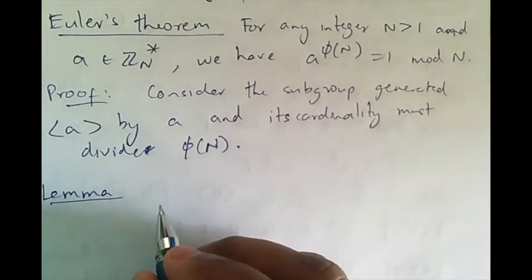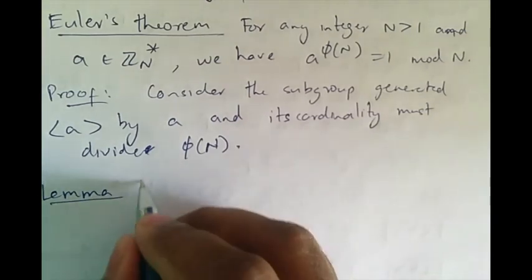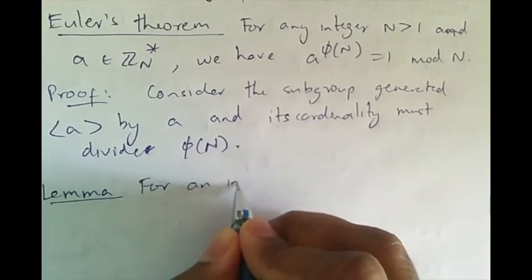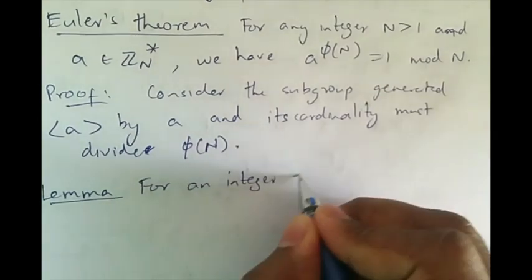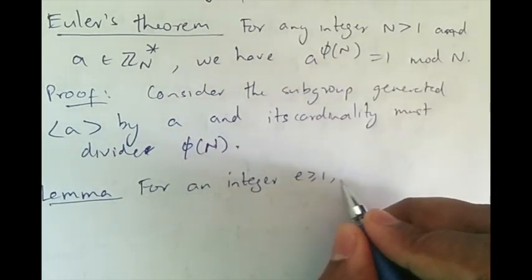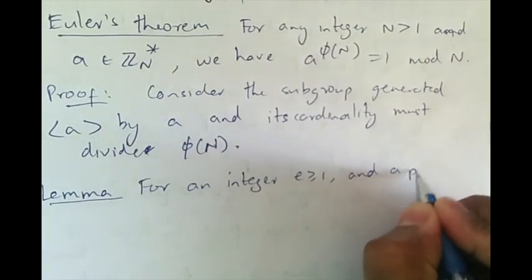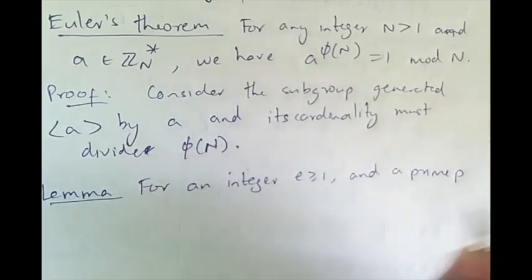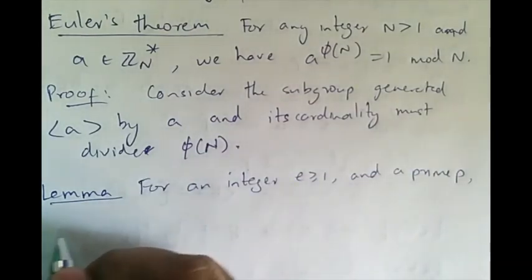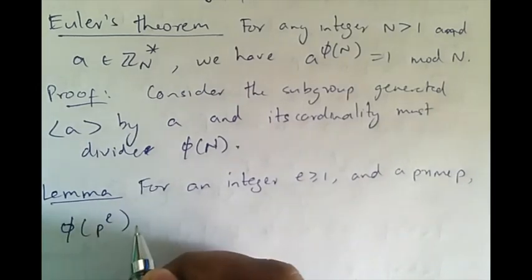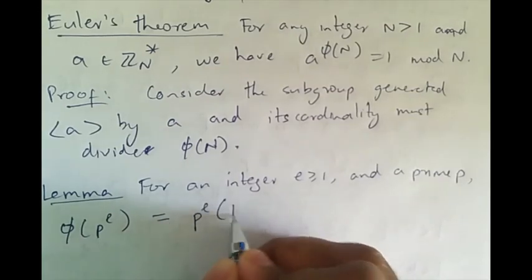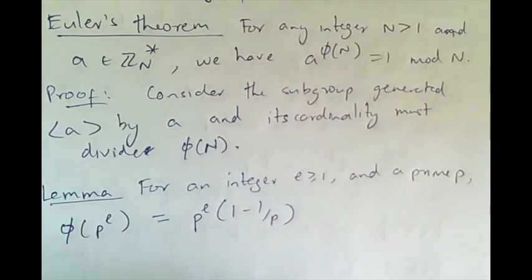For an integer e greater than or equal to 1, e stands for exponent here, and prime p, phi of p to the e is going to be p to the e times 1 minus 1 by p.